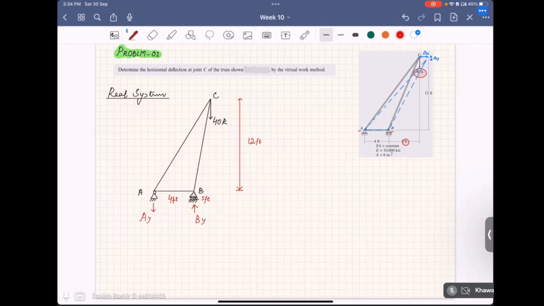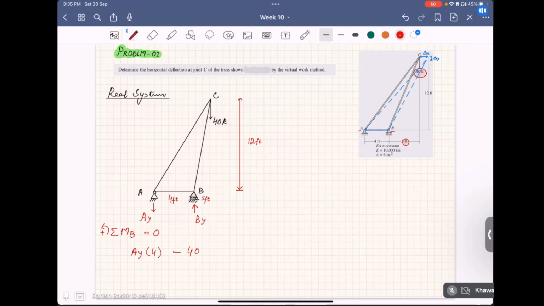So this is causing summation MB is equal to 0, and we will take anti-clockwise moments as positive. So AY is causing an anti-clockwise moment of AY times 4. This is positive. BY times no lever arm, it will be 0. And the 40 is causing a clockwise moment, so it will be negative 40 times its lever arm, which is 5 feet.